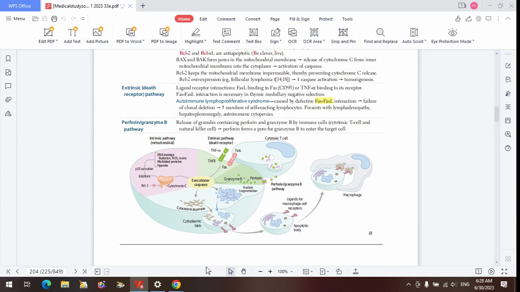So if you're forming those blebs, a small bleb that is containing some organelles, it will take it out, target it to macrophagic invasion and damage. So it forms a bleb from a portion of the cell that is containing a few organelles. The macrophage will eat them, and nothing is triggering inflammation.